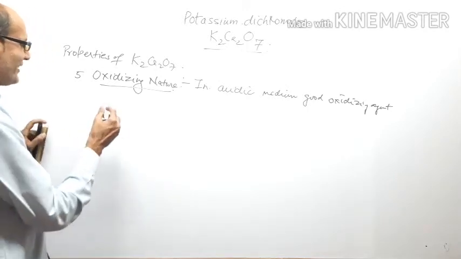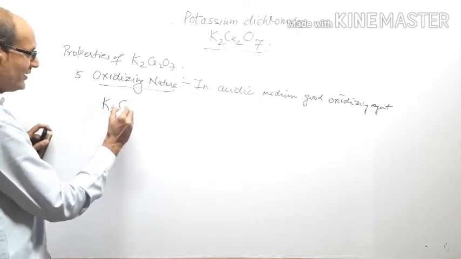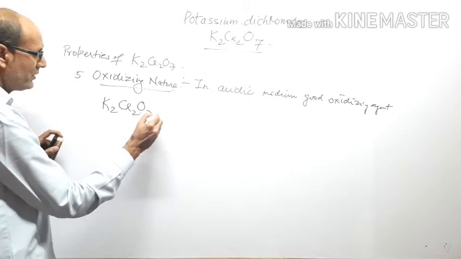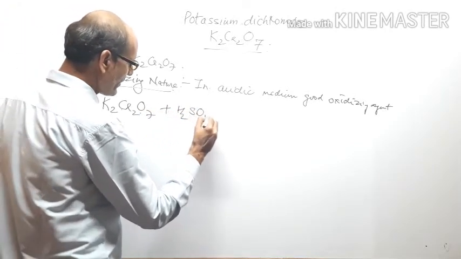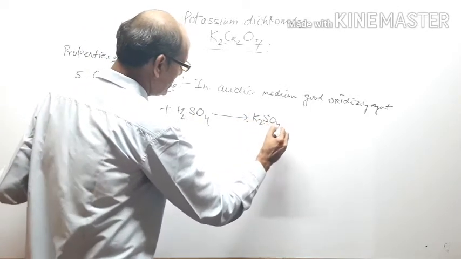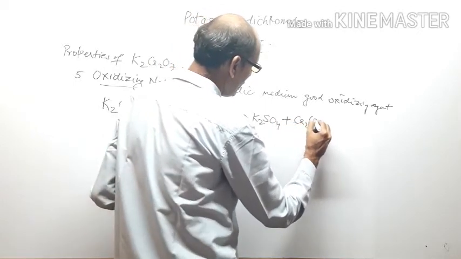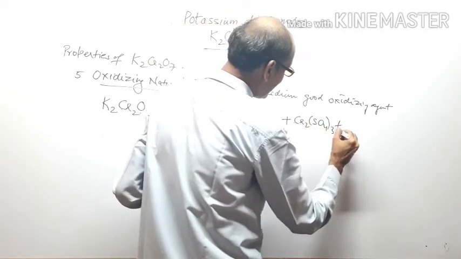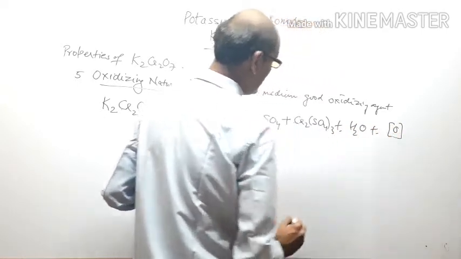I am writing the reaction with H2SO4 and potassium dichromate. K2Cr2O7 plus H2SO4, it will form K2SO4 plus Cr2(SO4)3 plus H2O plus nascent oxygen.